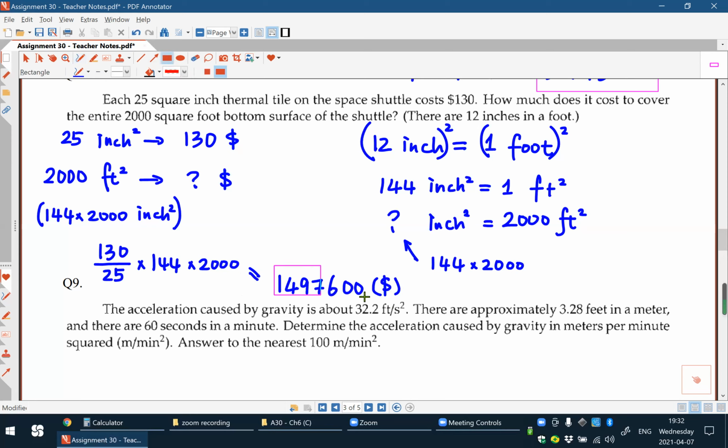Any questions? Okay, pay special attention to the conversion rate problems because you have made a lot of mistakes here, okay?